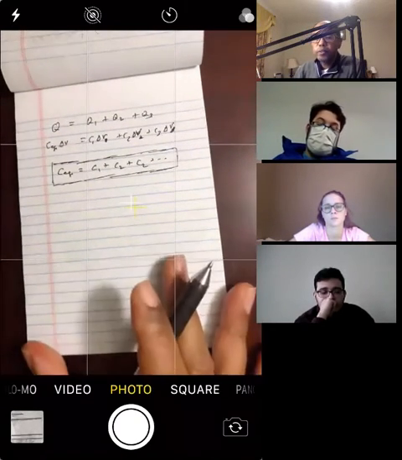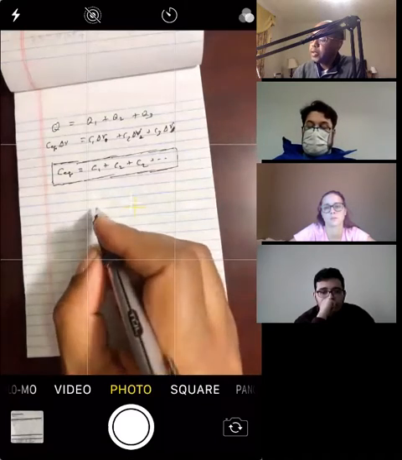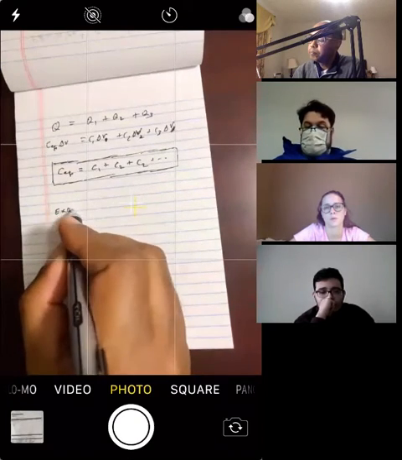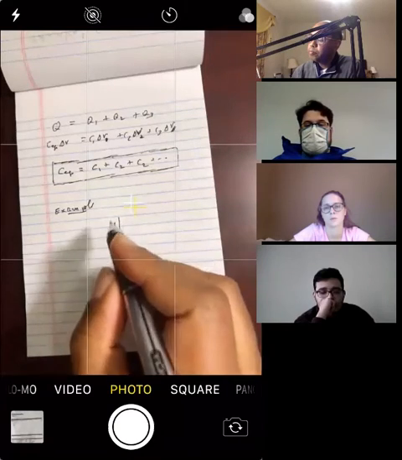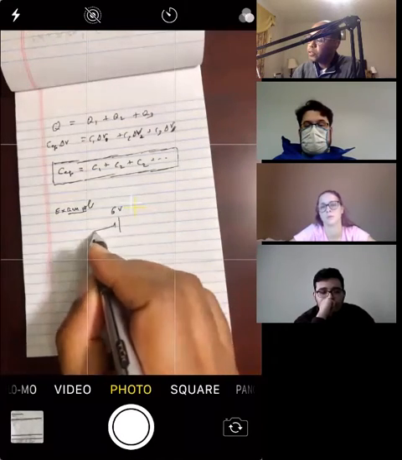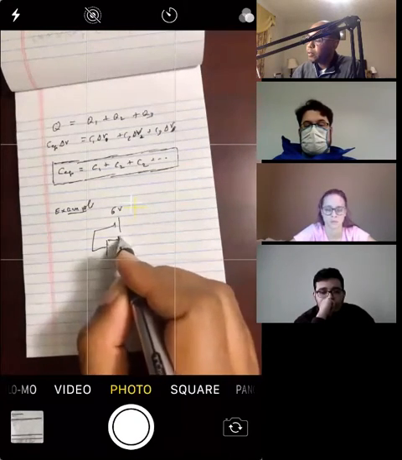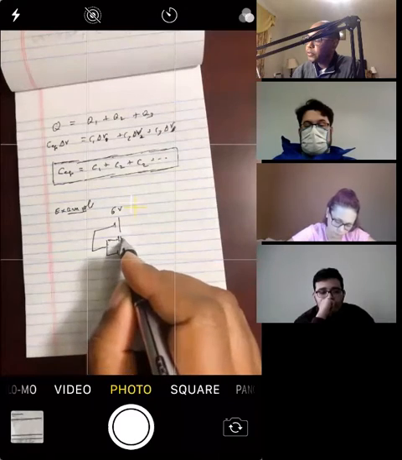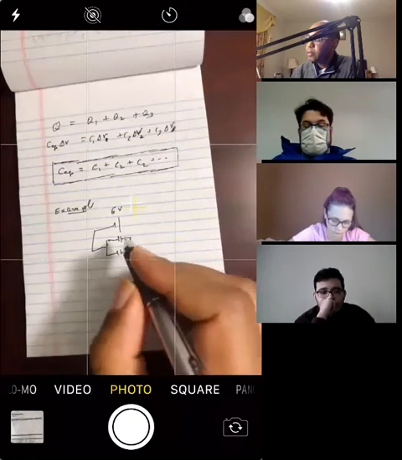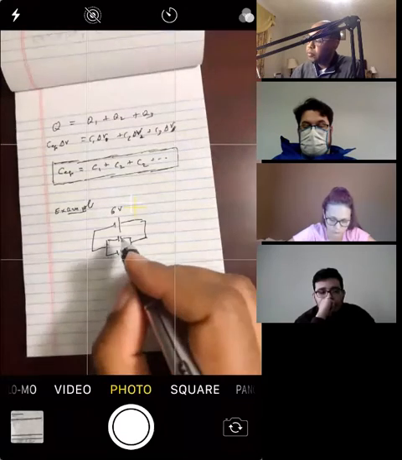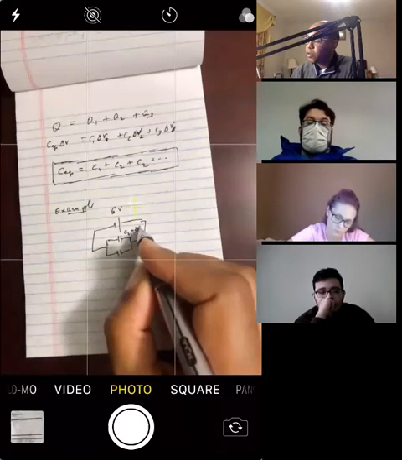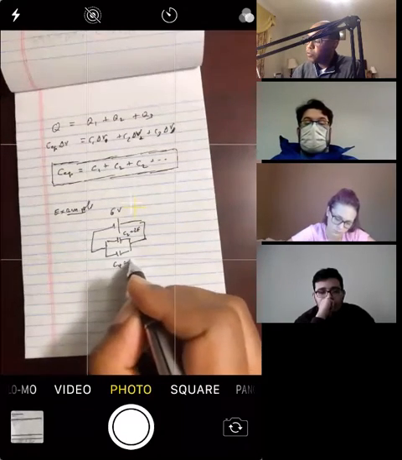Maybe let's consider an example. Let's say we have this battery, maybe 6 volt, connected to the following two capacitors, connected like this. Let's say this is C2 equals 2 farad, and this is C4 equals 4 farad.